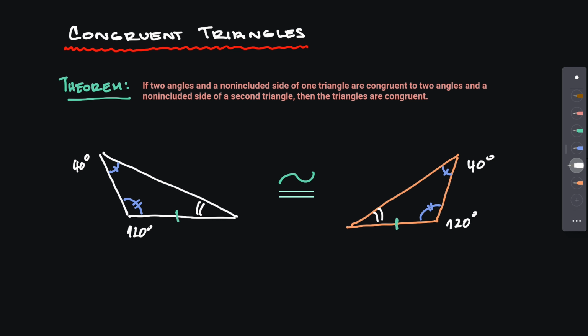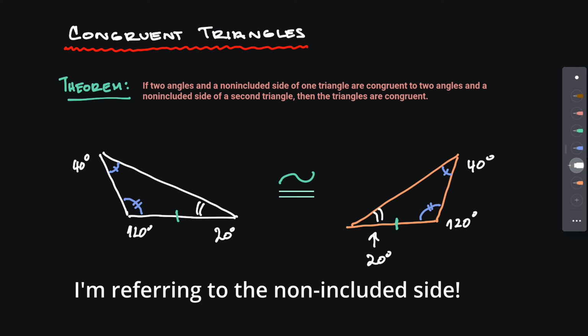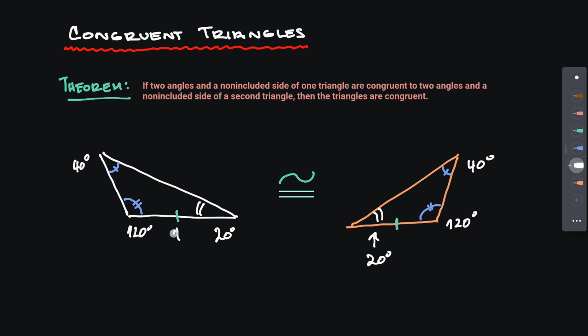There's no other option, this angle must be 20 and this angle must be 20. Okay, so the triangles must be congruent since this one right here, the not included one, is congruent. So we can guarantee just because of this piece of information that the triangles are congruent.